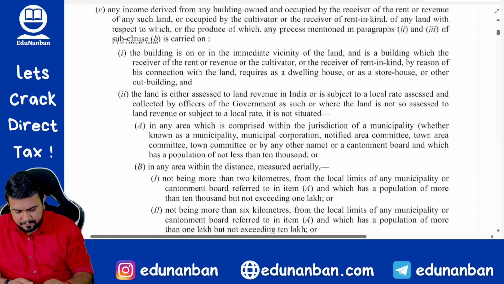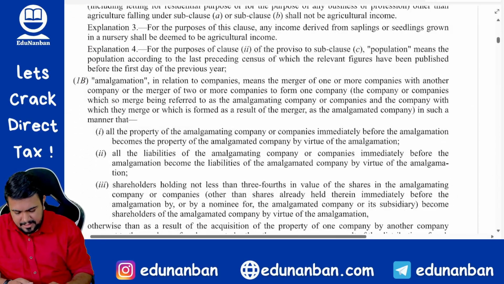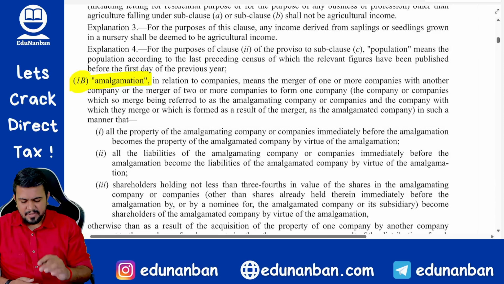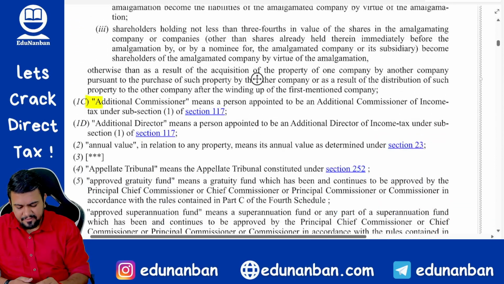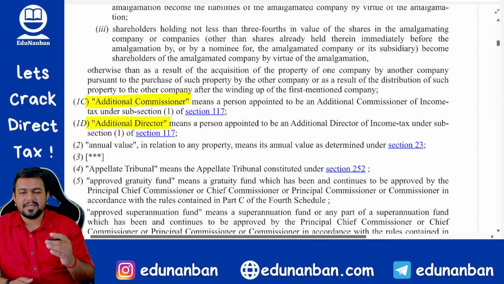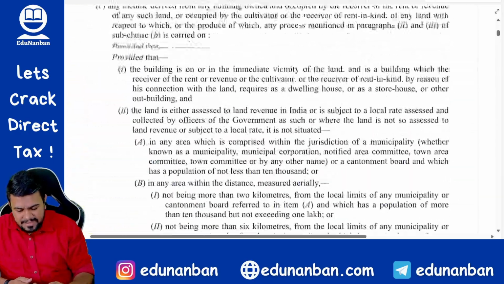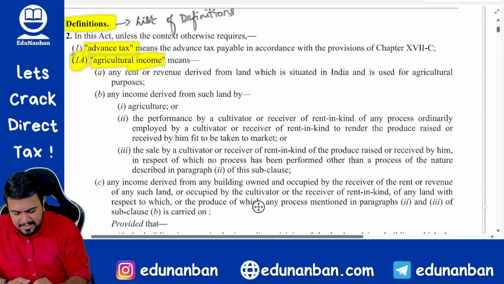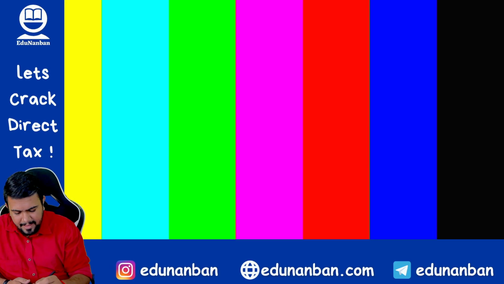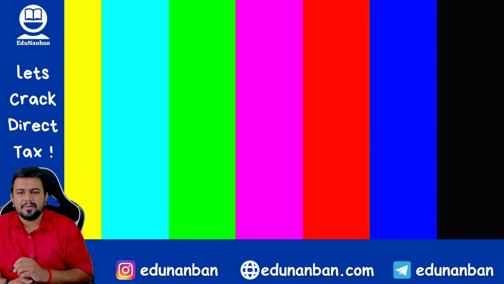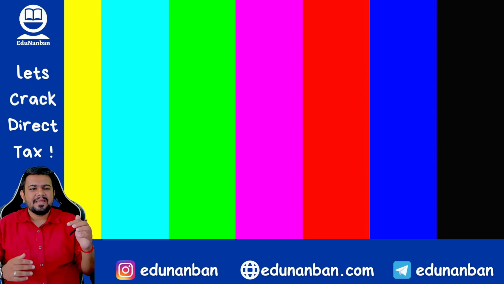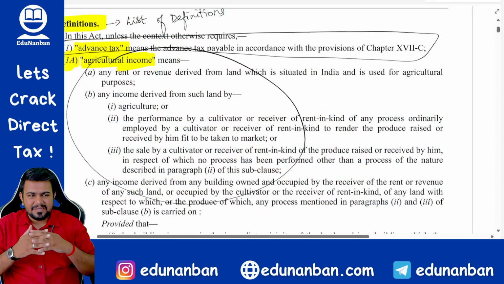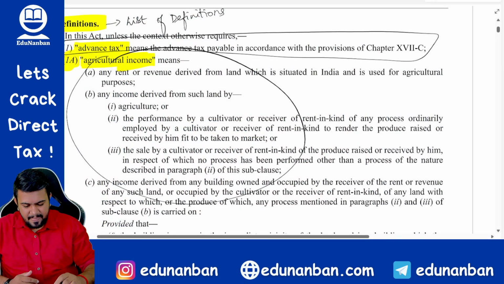Then there is 1B, which gives the definition of amalgamation. Then there is definition of additional commissioner, then additional director, and so on. If you see this list, you will know that this is advance tax definition and the second one is agricultural income definition. Is there any link between agricultural income and advance tax?